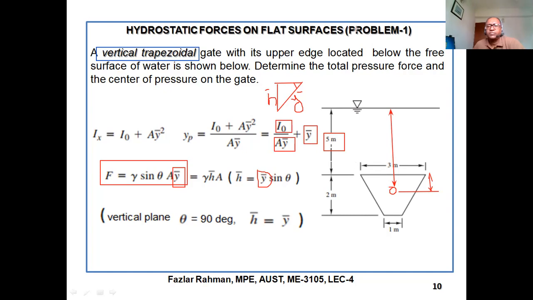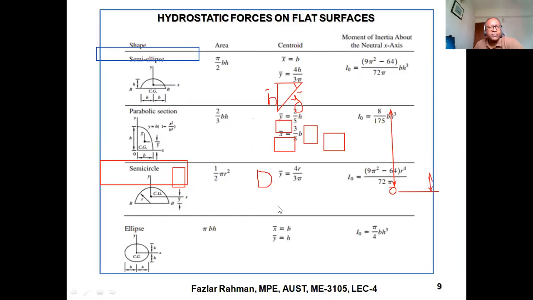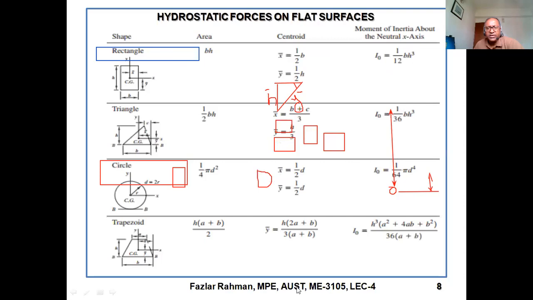Now, how can we figure out this y bar? If you look in the formula sheet, if a surface is trapezoidal, then what is the value of area? H into A plus B over 2. You look carefully, H is the height, and A and B are the lengths of the arms, bigger and smaller. Y bar equals, this is the formula. And you look, this is y bar.